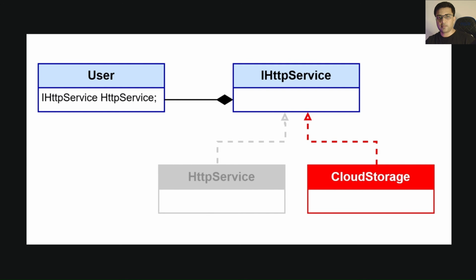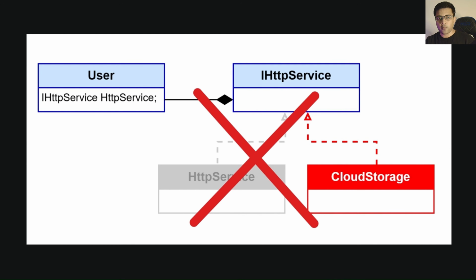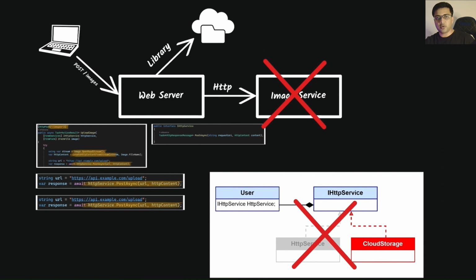Unfortunately, no. If the cloud service also worked over HTTP POST, we could have simply changed the URL and everything would have worked fine. But here, the cloud service doesn't use HTTP. It has its own dedicated libraries we need to work with.